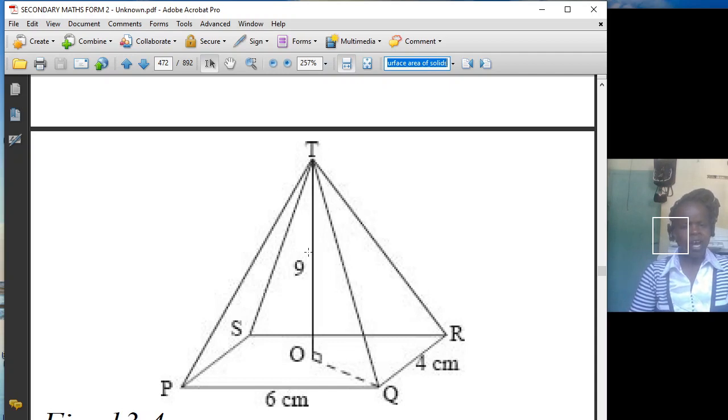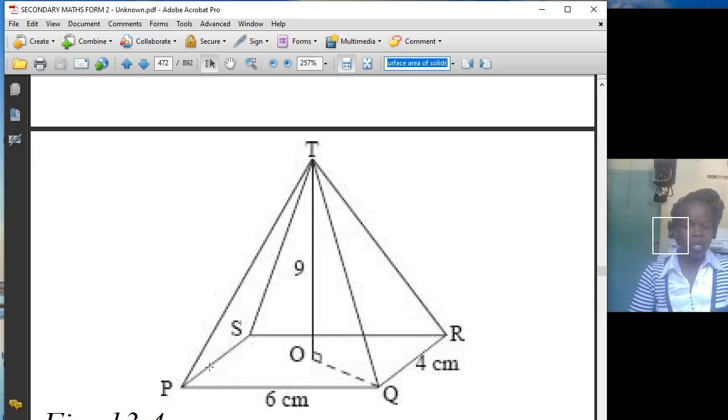Remember we said the height meets the base at a right angle. And we have the rectangular base measuring 6 by 4. Remember, the sides of a rectangle meet at a right angle, that is, at 90 degrees.